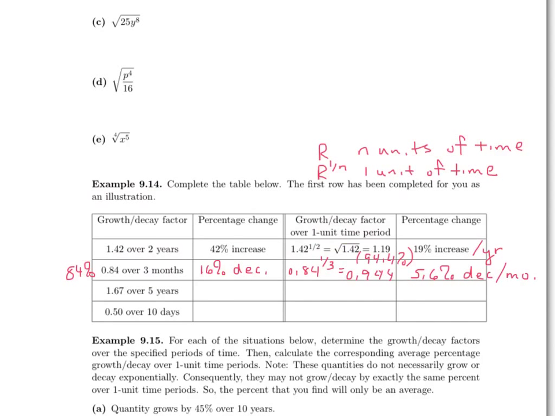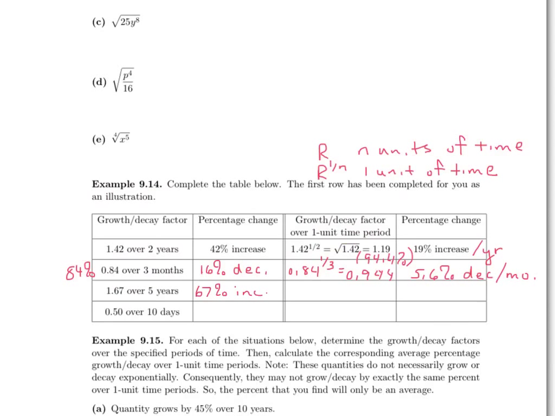Now let's look at the third row. The factor is 1.67. Since it's larger than 1, we're talking about a growth, and in this case it's a growth of 67%. So we have a 67% increase over 5 years.